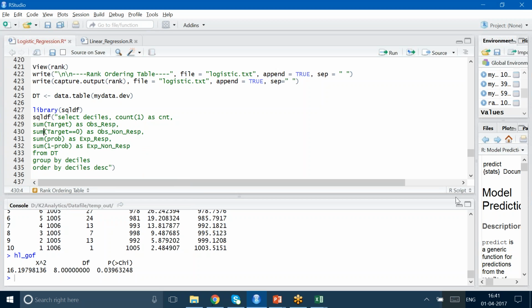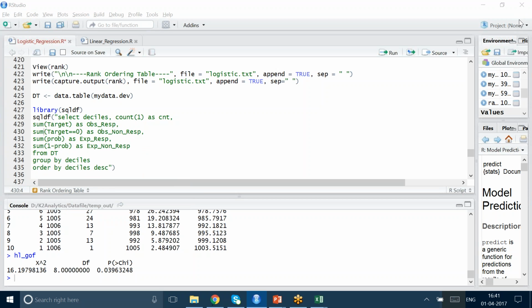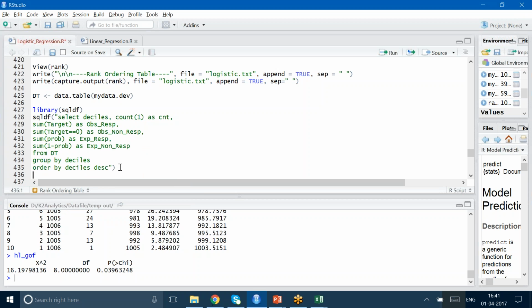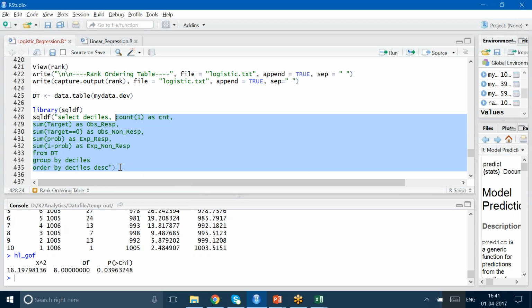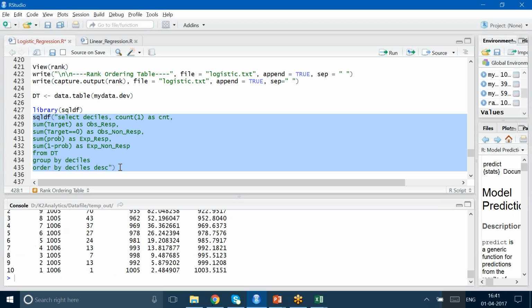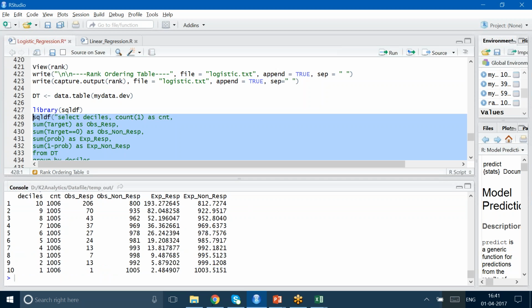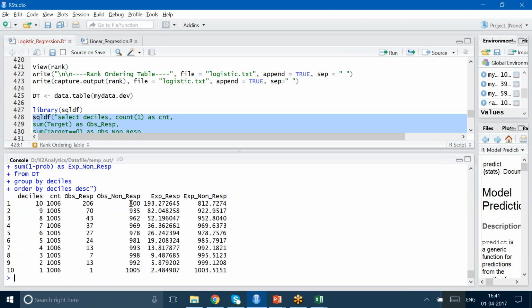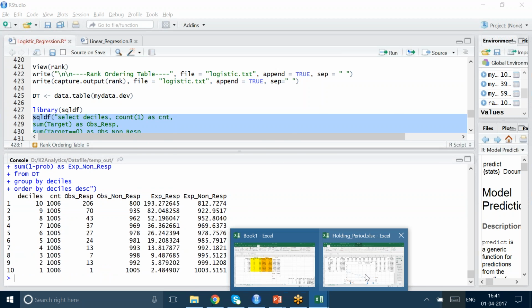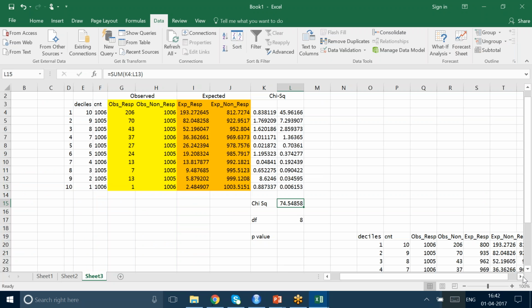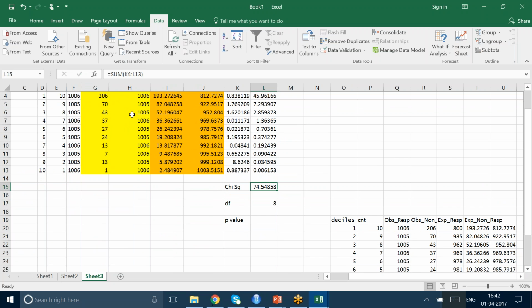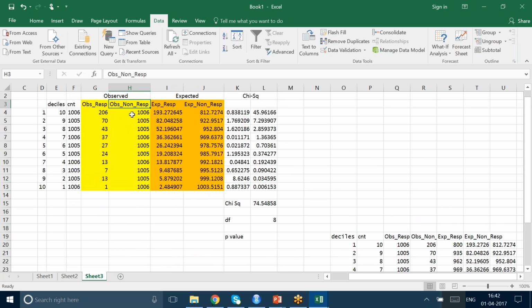So with sum, when I generate these numbers, if I run this piece of code and then copy paste this table, which I have already done, I have pasted it here in my Excel at the bottom. The error was that the number of non-responders was actually coming as the number of counts.